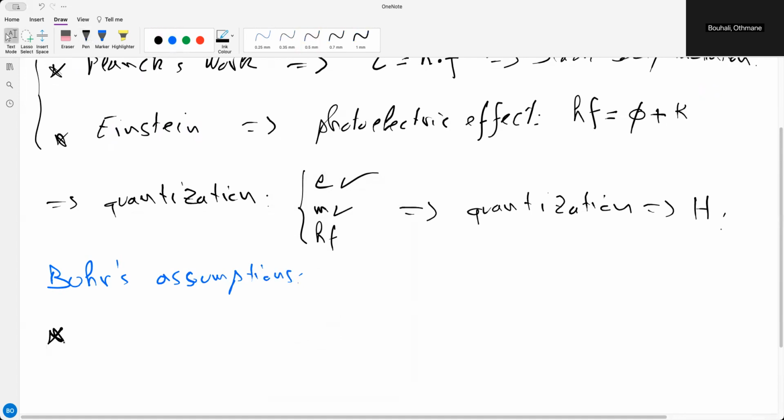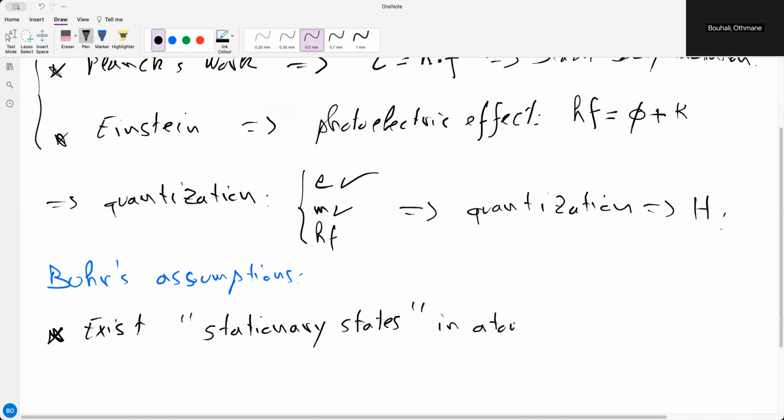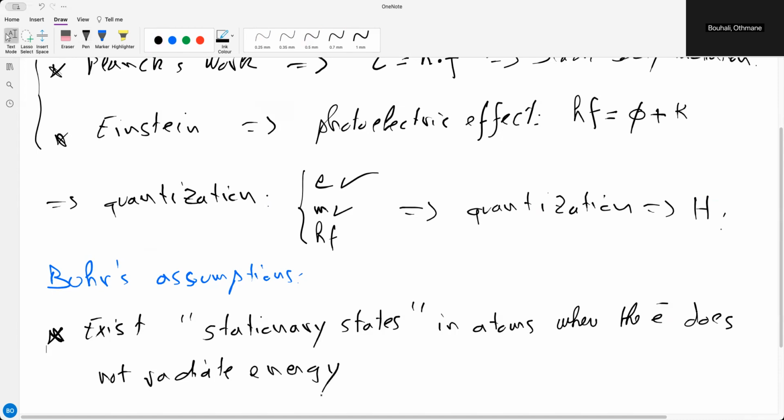The first one is, in order to solve the problem of radiation lost when the electron is moving, he said, and this is an assumption, by the way, that there exist what he called stationary states, or places in the atom, where the electron does not radiate energy or photons.